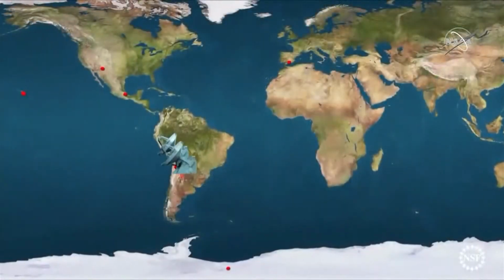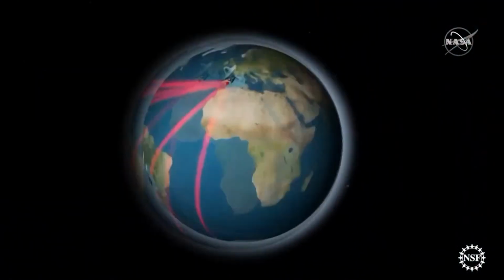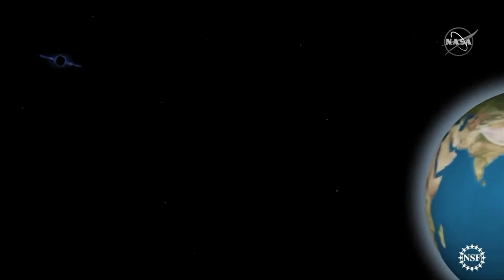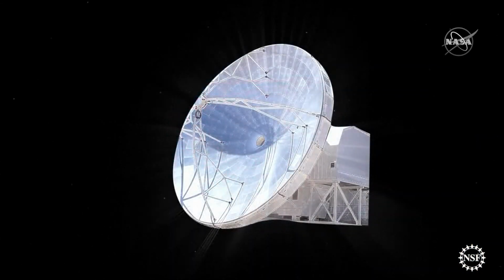Okay, so explain to us what the Event Horizon Telescope is, because I understand it's not just one. Right. So, in order to accomplish this incredible feat, in order to be able to see something so incredibly far away and very small, you need a telescope as big as the Earth, which is the Event Horizon Telescope. Now, we don't actually have a single telescope as big as the Earth. That would be really expensive, and it would probably be hard to keep working without breaking under its own weight, for example.